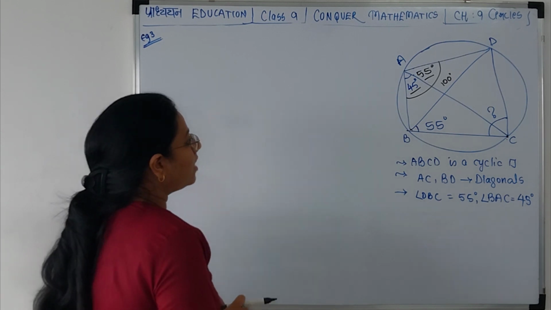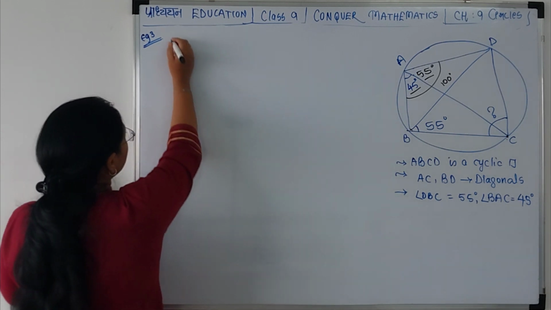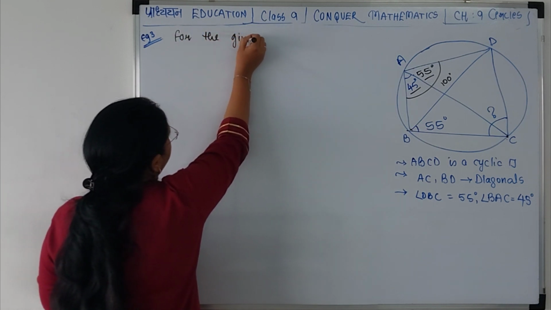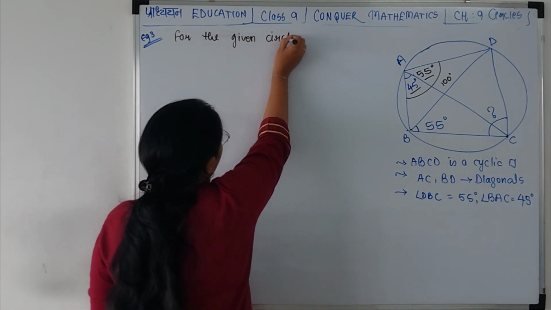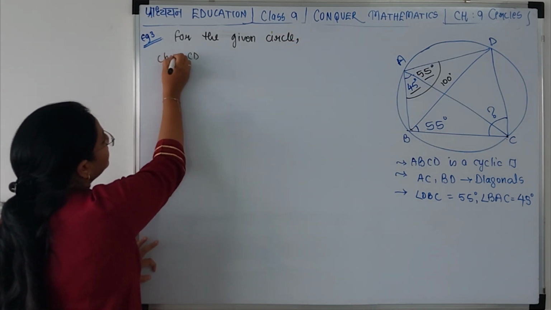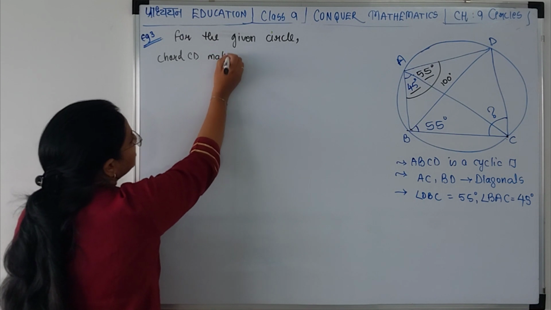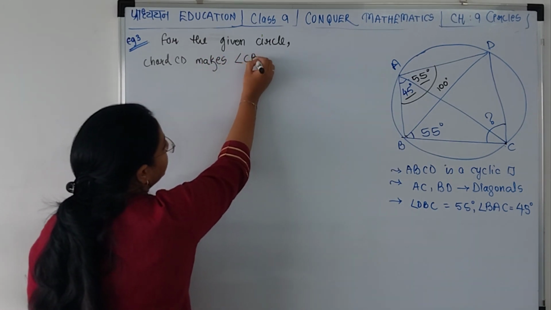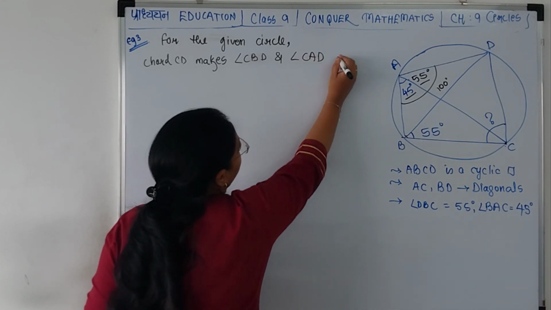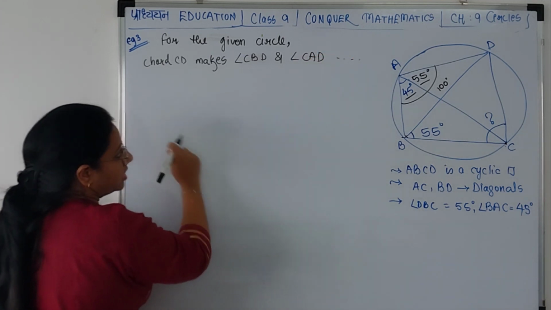Right? Let's write down how we can write this. We'll say for the given circle, what do we have? We have chord CD, which makes angle CBD and angle CAD on the same side of the circle.